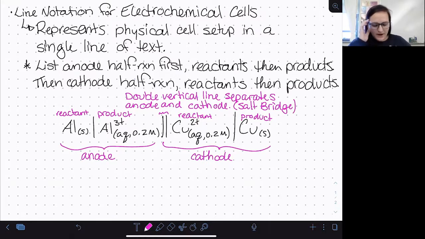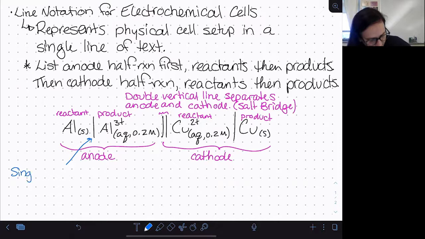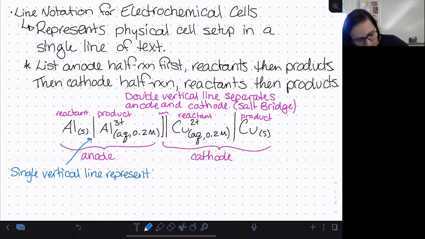So our single vertical line represents substances that are in the same container, so they're in physical contact with one another, but in different states of matter.